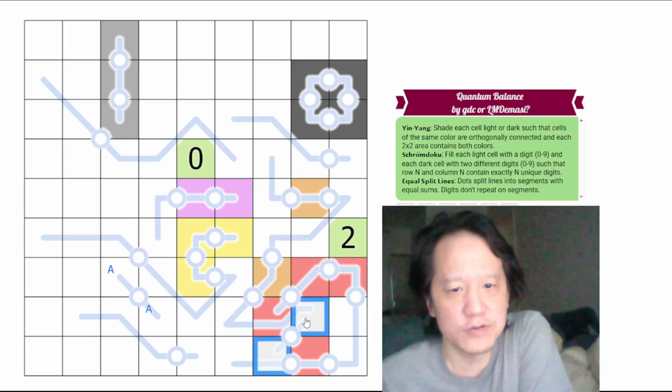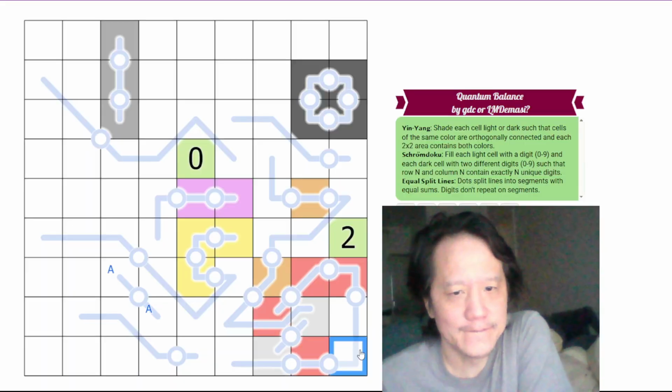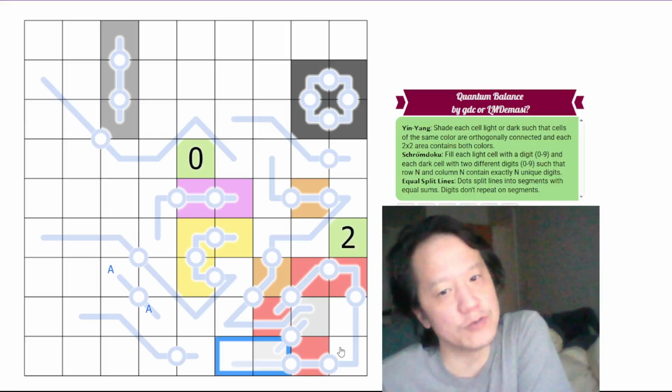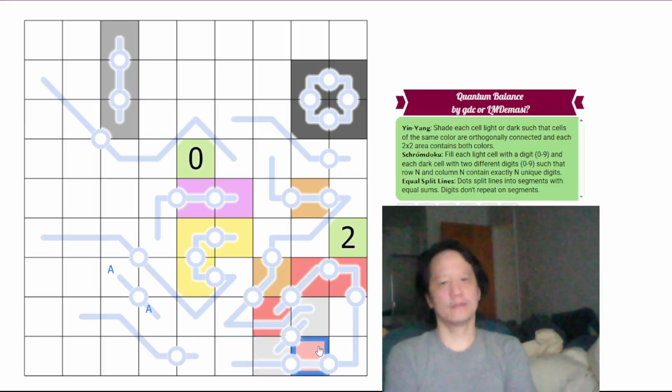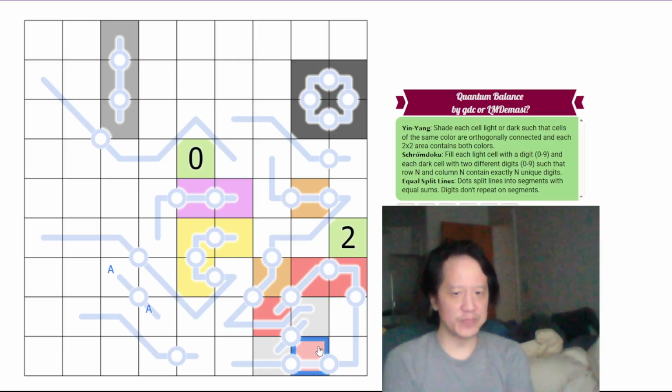Light's not really that useful either. Though light plus something equals red, right? And light plus red plus something equals orange.